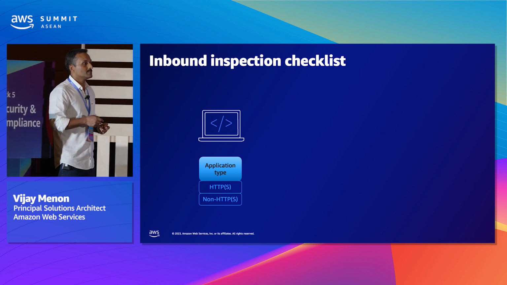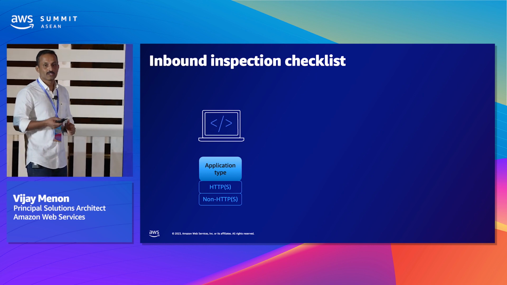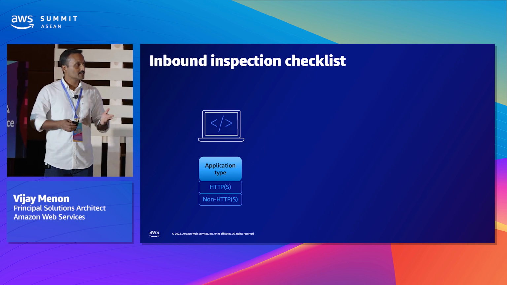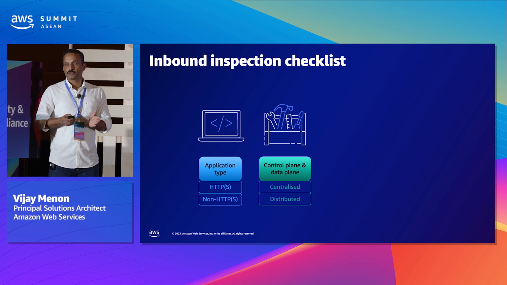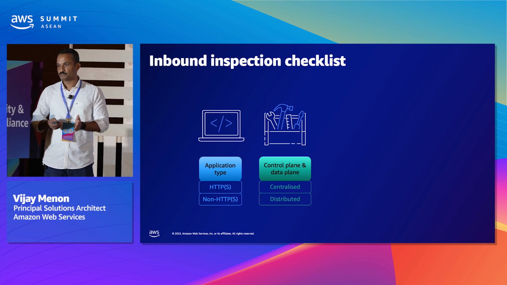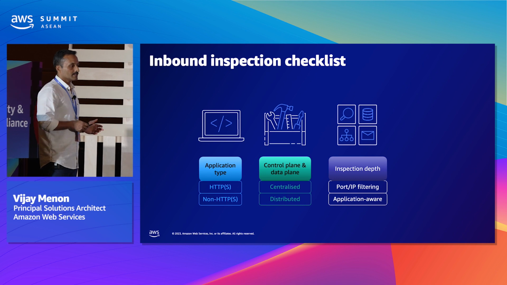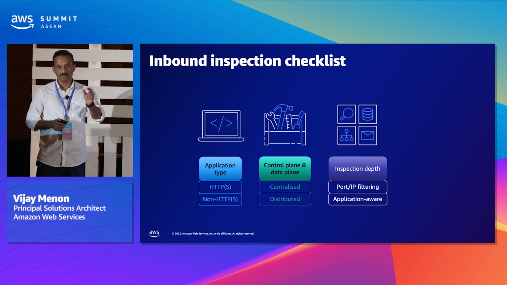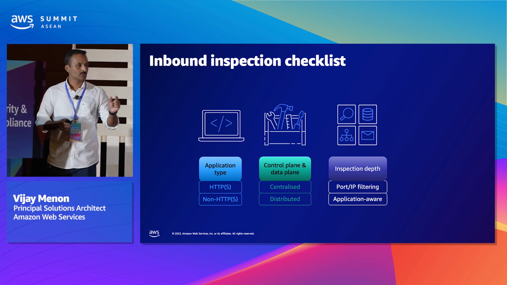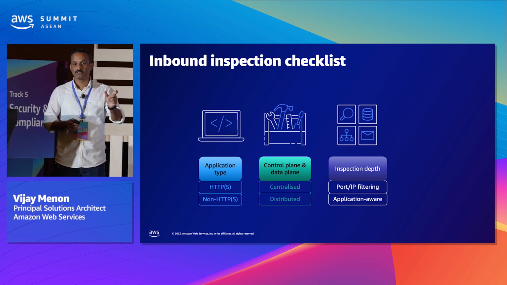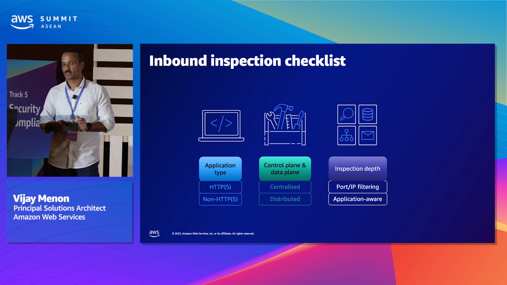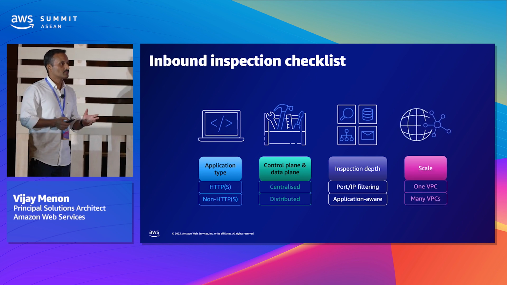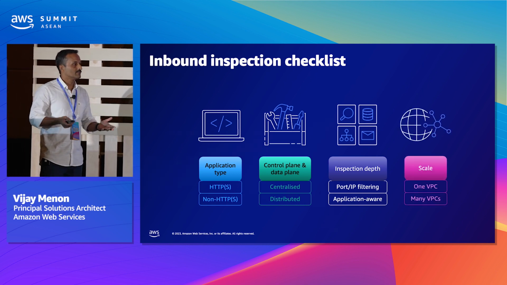Or if it is non-HTTP, non-HTTPS, in that case, you can use any other next generation firewall like AWS Network Firewall. The next thing to keep in mind is whether your data plane and control plane is centralized or distributed. And then you decide upon the inspection depth, whether you want to look at the traffic at port and IP level only, or you want to look at the application payload and make decisions based on the content of the payload. And finally, you decide the scale, whether you are going to protect one VPC or multiple VPCs.